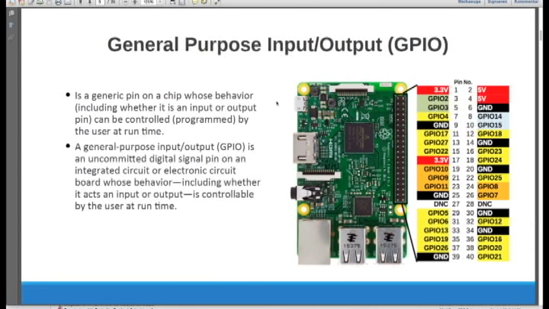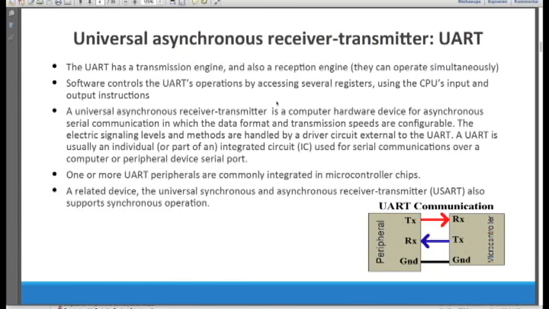Another very important port is the Universal Asynchronous Receiver Transmitter, or shortly UART. The UART has a transmission engine which you can program as well. On many occasions you have to handle different data, so it is very important to decide how to transfer or receive it.